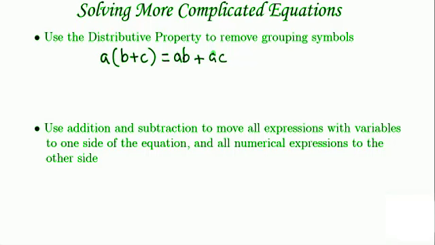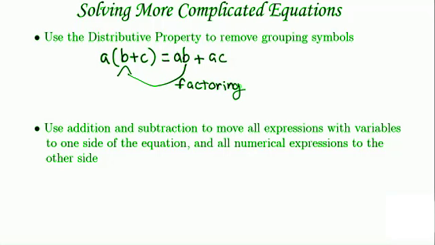And when we move forward in that way, we're using the distributive property. You can also move the other way, go from AB plus AC back to A times B plus C, and that's called factoring, which is something we'll be discussing later on in the course.